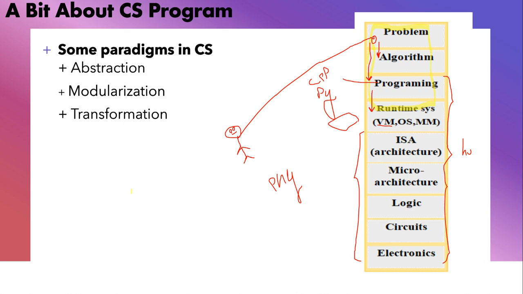And modularization means we don't tackle the problem all at once. We break that problem down into different parts, and for solving the problem we have different modules and we chain them together, and once we chain them, we are using the transformation mindset or paradigm.